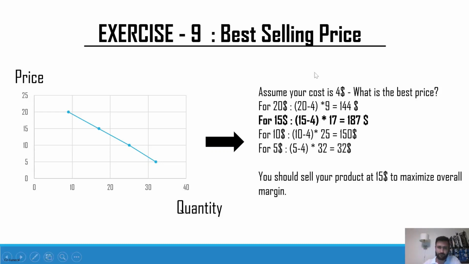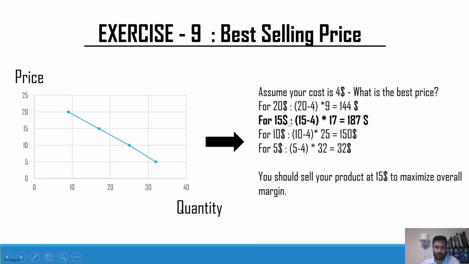Let's calculate. For $20 per product, you are making 20 minus 4, which is your cost, a $16 margin. And you're selling 9 of these products and you're ending up with $144. This is your overall margin from the sales of 9.